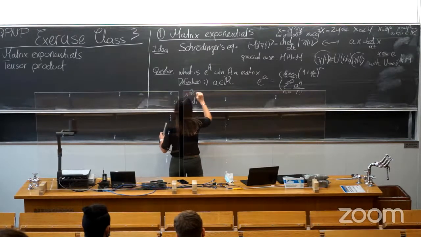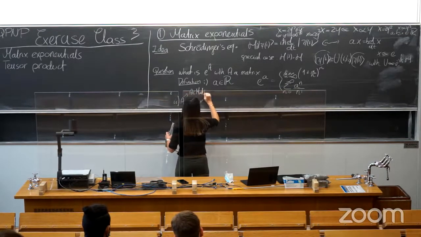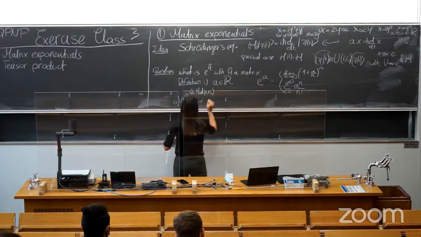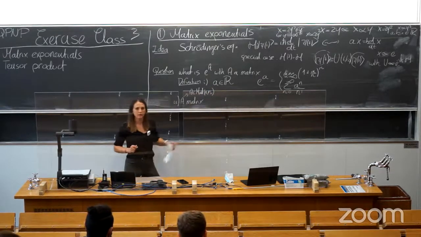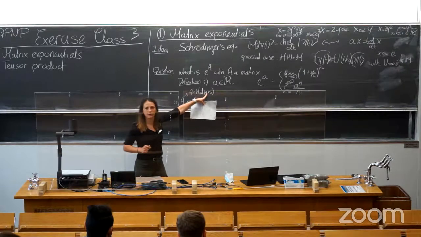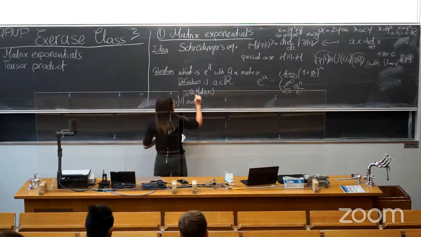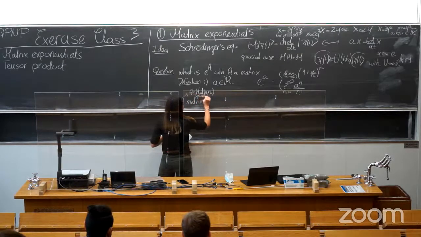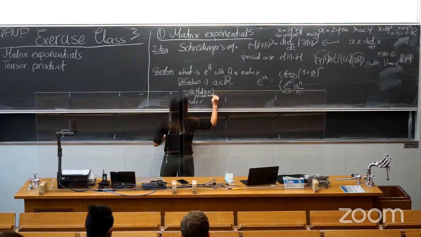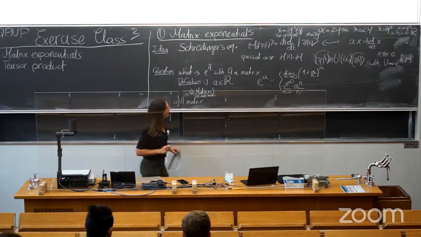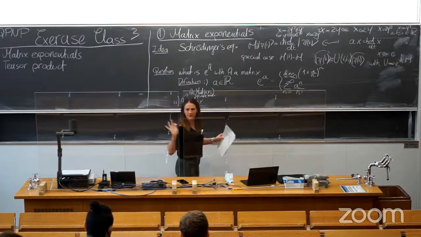I don't know which definition you saw, but in some cases you write it like this: this is the number of rows and this is the number of columns. This depends a little on the teacher, but this is a square matrix.